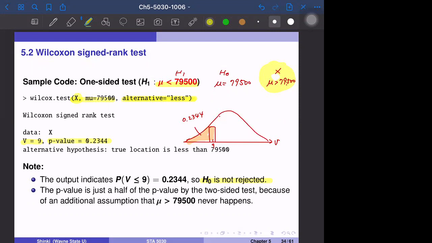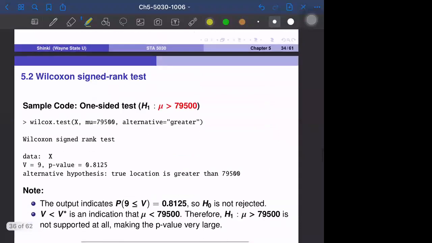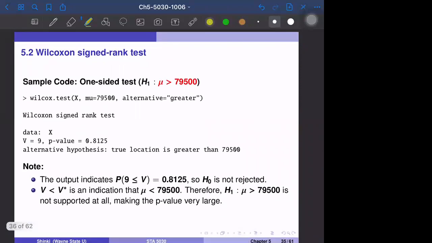Another one-sided test: how about H1 is mu is larger than 79,500? Then we can specify alternative is equal to greater, and do the same test. V is equal to 9, then the p-value is 0.8125. Basically we calculated the area of the other side.